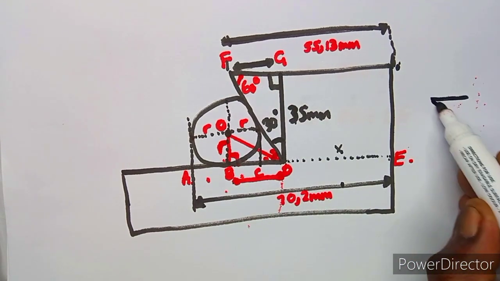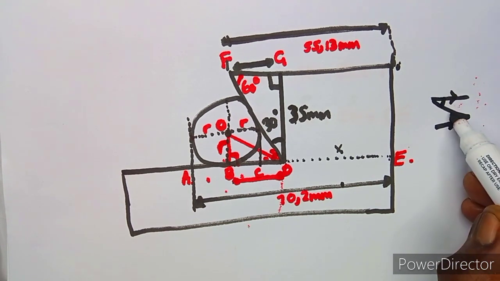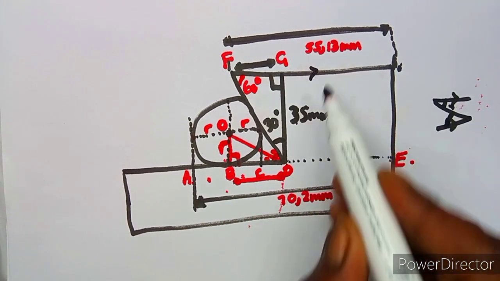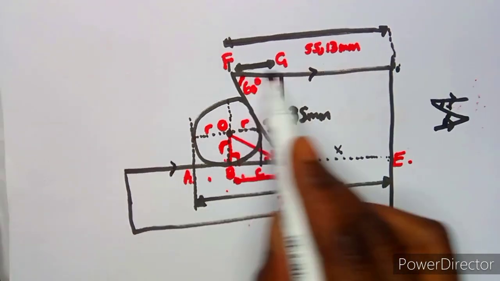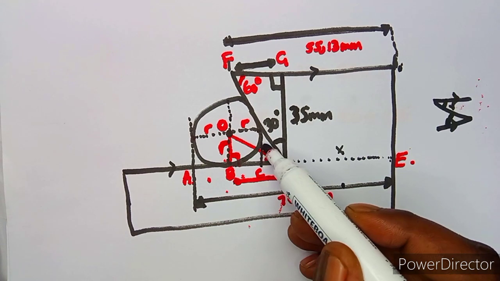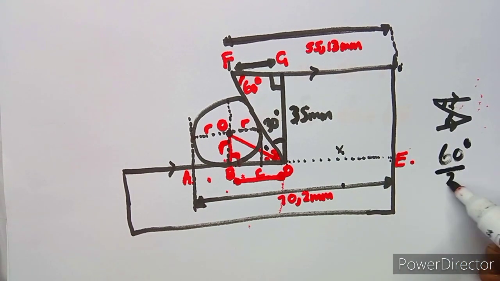From your alternate angles, guys, remember, like this. If this is 60, this is also 60, from your alternate angles, or from your Z angles. So this is 60 here. As you can see, these lines are parallel, because this is a horizontal line and this is also a horizontal line. So this is going to give us 30 degrees, because it's 60 divided by 2, which is 30.